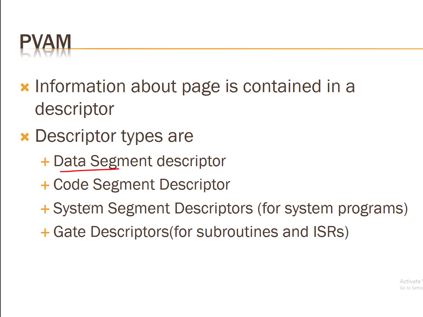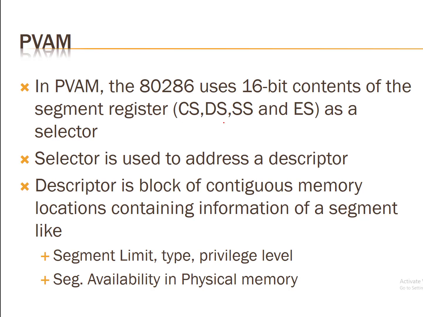Descriptor types are data segment descriptor, code segment descriptor, system segment descriptor, and gate descriptors. Code segment and data segment store instructions and data respectively, the system segment descriptor stores system programs, and the gate descriptor stores subroutines and ISRs, interrupt service routines. The 80286 uses the 16-bit content of segment registers CS, DS, SS, and ES, and out of the 16 bits, 13 bits are used for the selector. The selector is used to address a descriptor, or it points to the index of a descriptor.